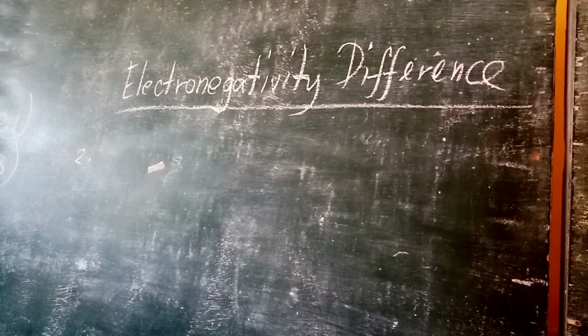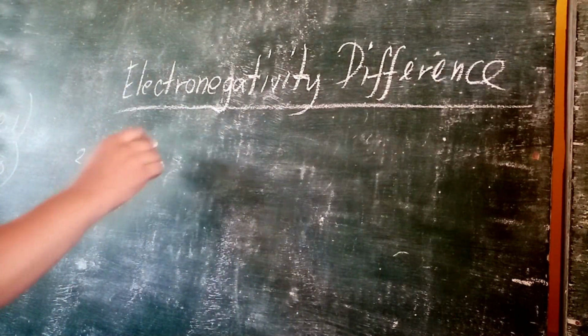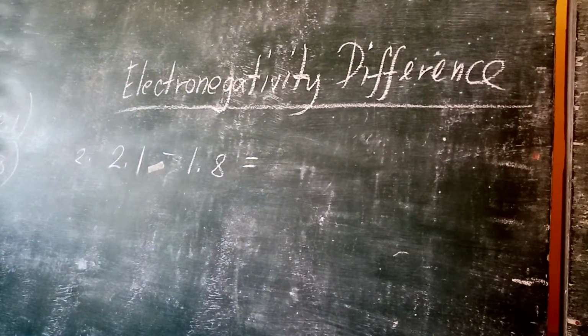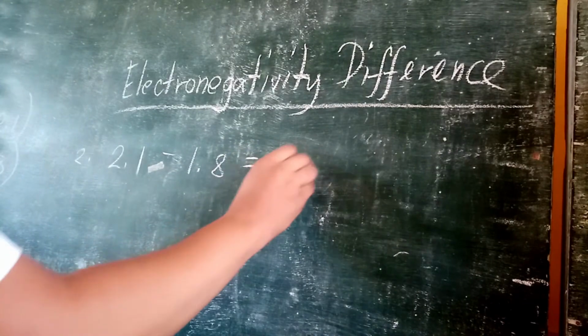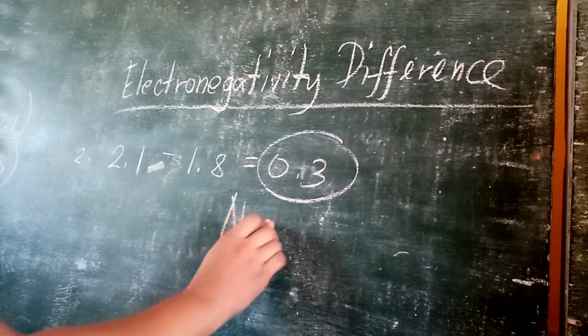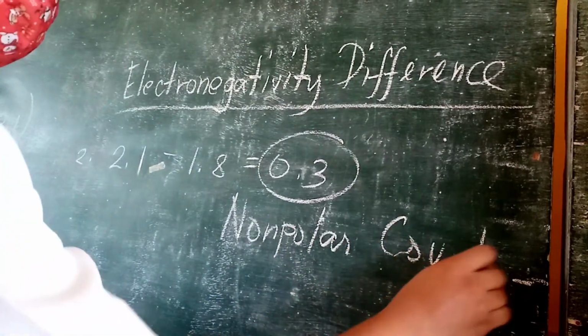In this case, hydrogen will serve as the minuend. The electronegativity value for hydrogen, which is 2.1, minus 1.8. So the answer is 0.3. It is less than 0.4. So therefore, this type of bond is a non-polar covalent bond.